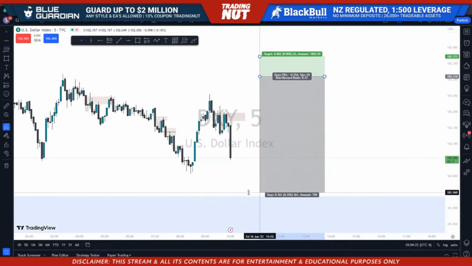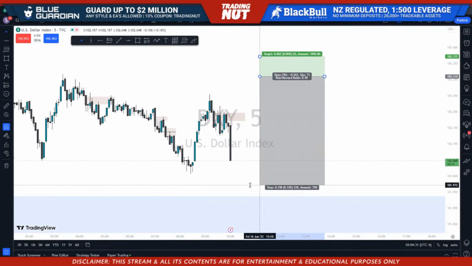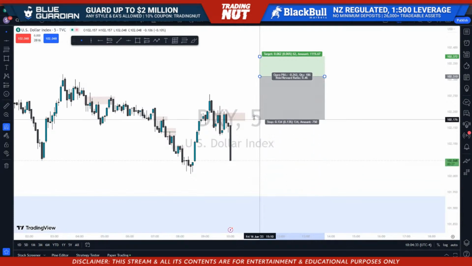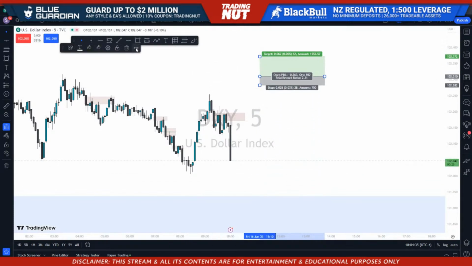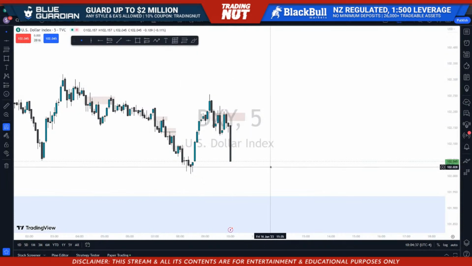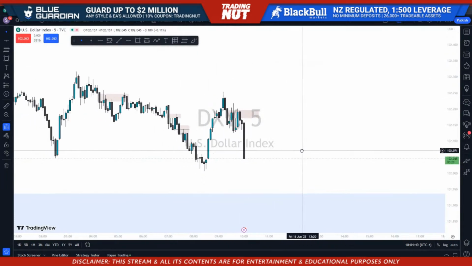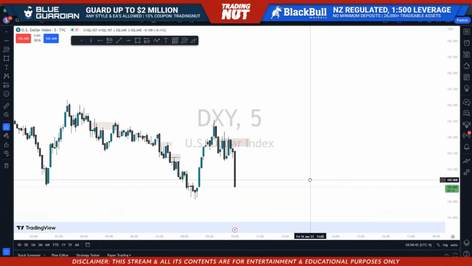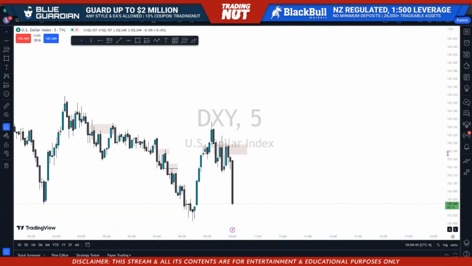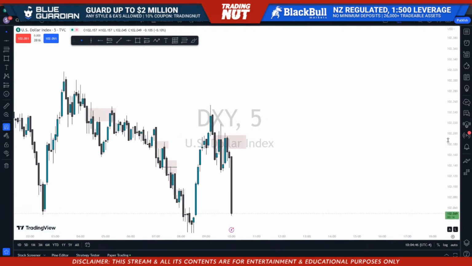But if my stop loss is all the way here, your lot size would be a lot smaller because there's more room. It just depends on how big your stop loss is. There's no set lot size you should be calculating for every trade you take.